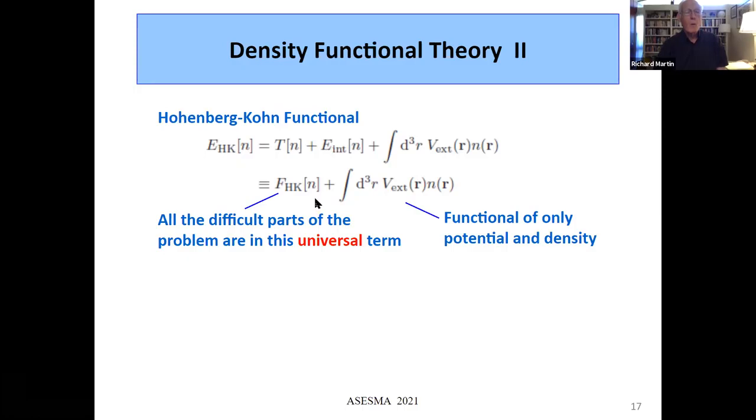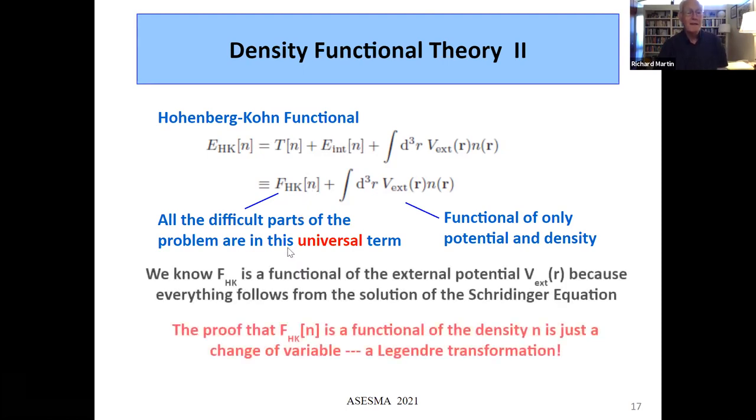Now, I've jumped to the final conclusion of Hohenberg and Kohn that it is determined by the density, but let's look at that. We know that this energy is a functional of the external potential. The external potential is just a variable in three-dimensional space. And we know that it determines everything because you could solve the Schrodinger equation. So it's obvious that it's a functional of the potential.